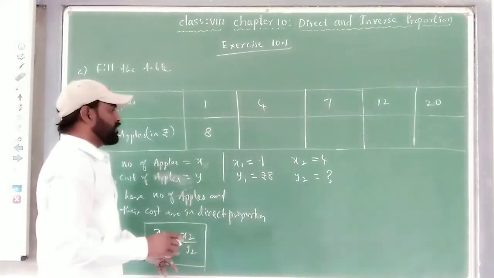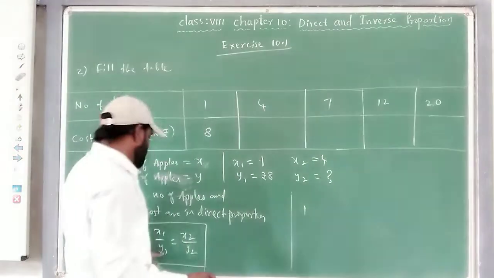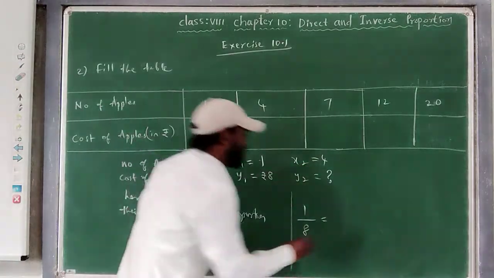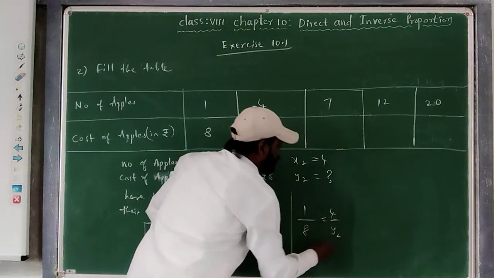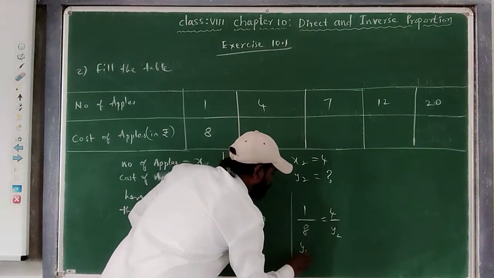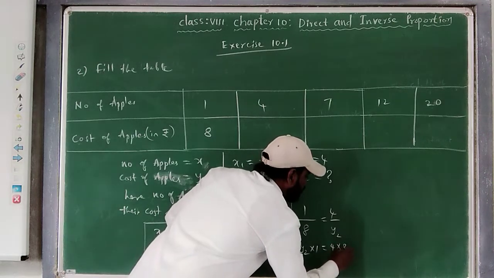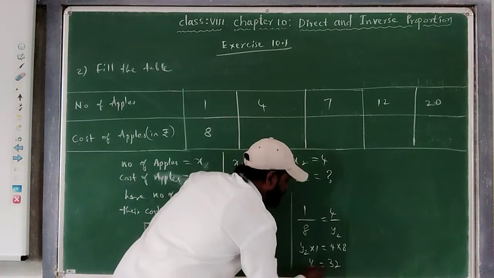Just substitute the values. x1, what is that? 1. y1, what is that? 8. x2, what is that? 4. y2, we need to find out. Okay. Now by doing the cross multiplication, y2 into 1 is equal to 4 into 8. So y2 is equal to 4 8s are 32, 32 divided by 1 is 32 only.